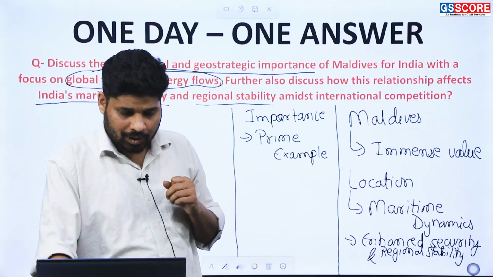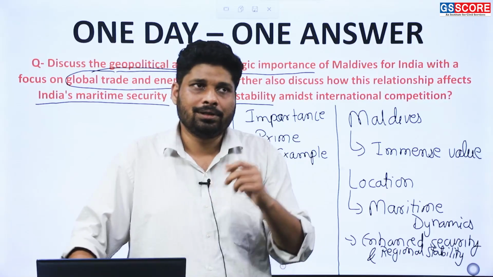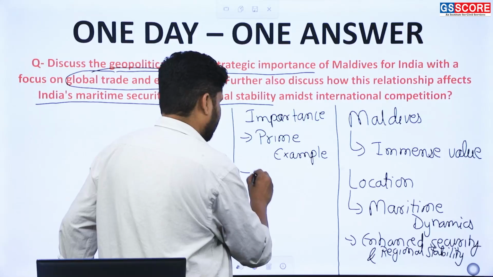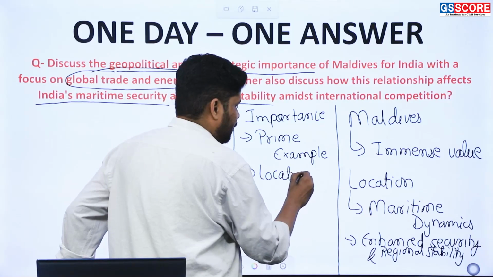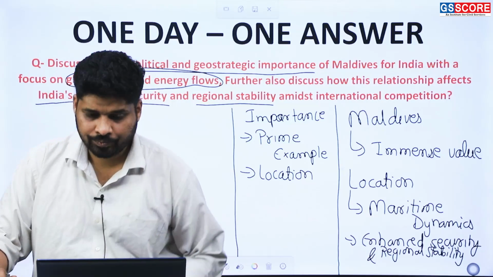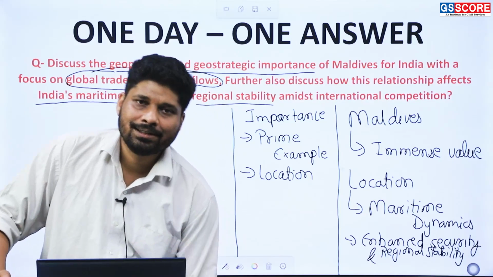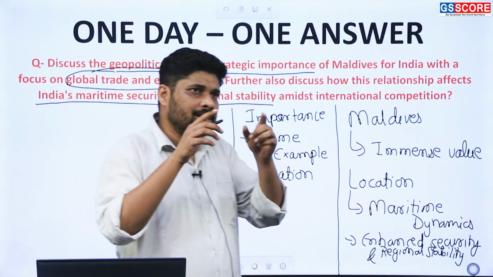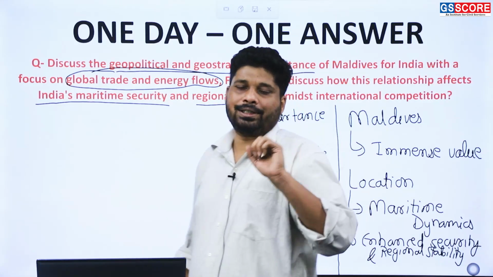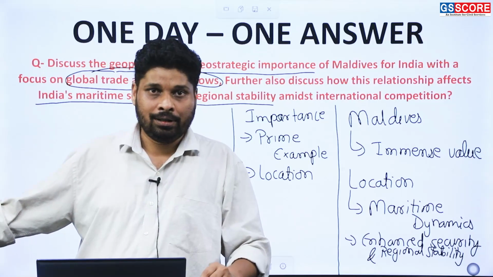The second pointer is that Maldives becomes important geopolitically and geostrategically because of its location. The location of Maldives is such that it is at the confluence of South Asia, West Asia and Africa, and to an extent also the oceanic countries.